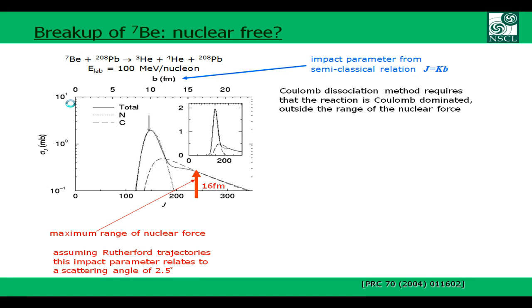So in particular here, if you think of an impact parameter with a scattering angle of 2.5 degrees, the impact parameter that relates to that is out here. So you could say, I need to only keep my data between 0 and 2.5 degrees in order to have Coulomb only.